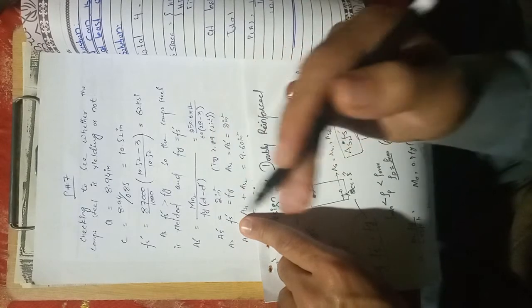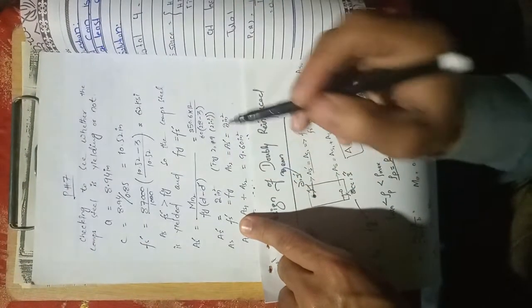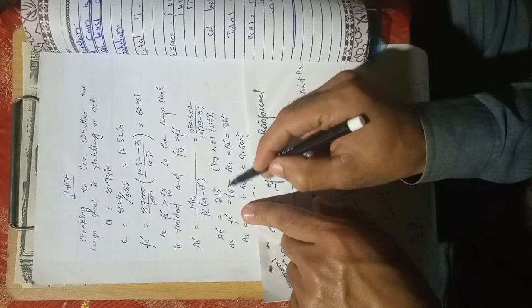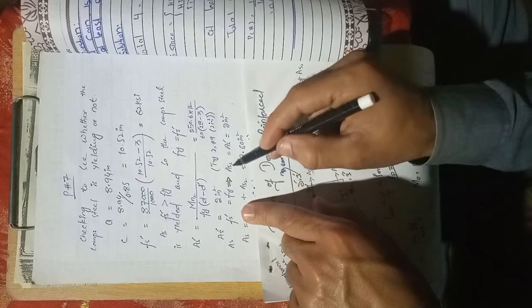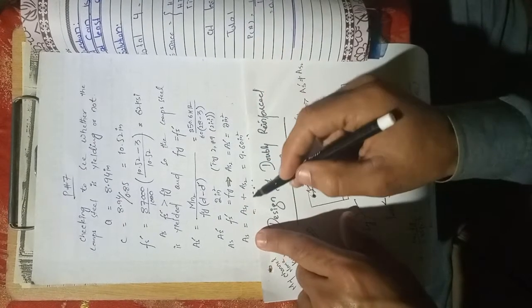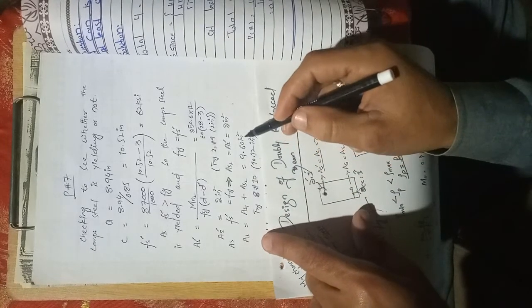But remember, we should not consider an Fy value more than 60. We always take it equal to Fy. From this condition, as I mentioned in the beginning of this lecture, if this condition prevails, then As2 equals As prime. And As1 plus As2 is the total reinforcement, 9.60.